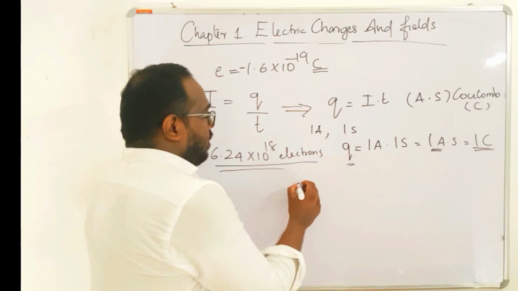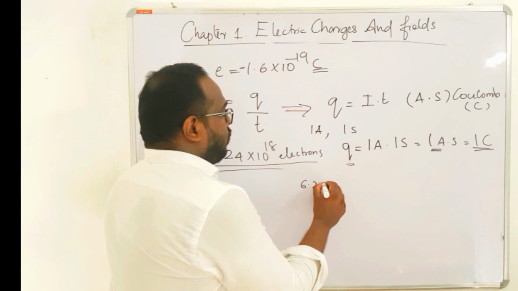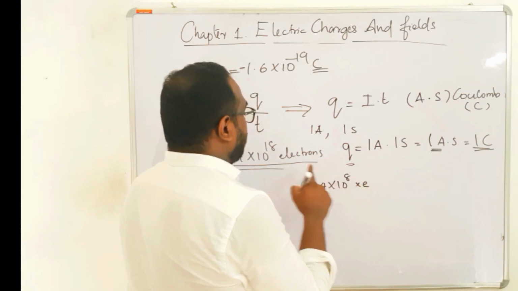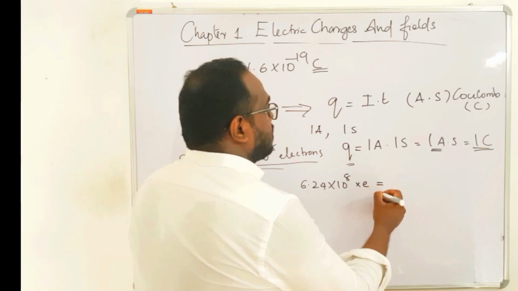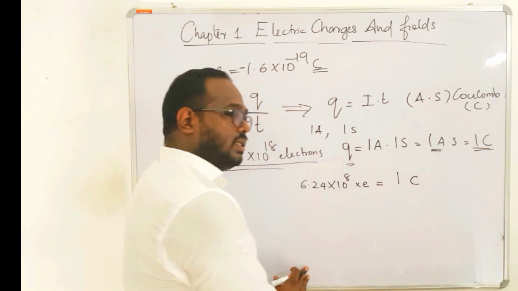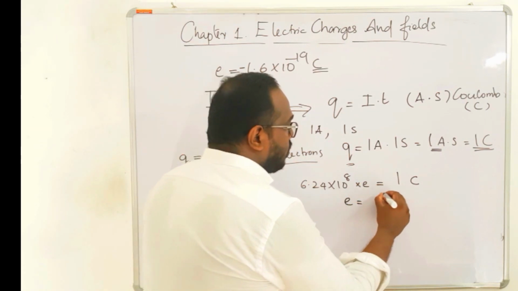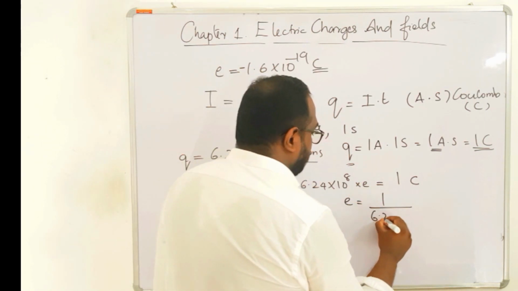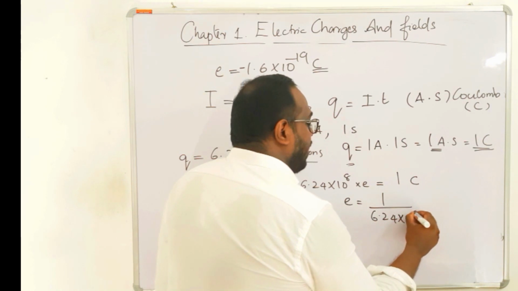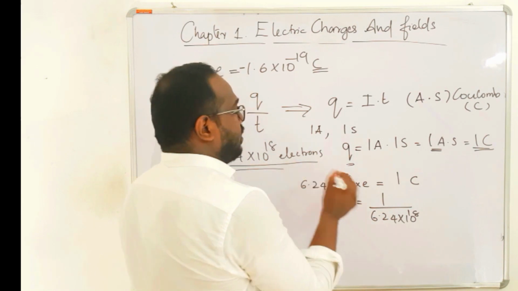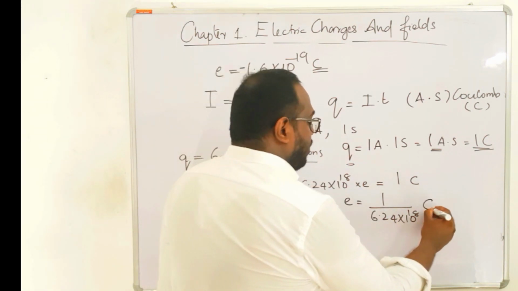Look at this. 6.24 into 10 raised to 18 into e, the charge of 1 electron, equals 1 coulomb, right? From this you can find the charge of 1 electron. e is equal to 1 by 6.24 into 10 raised to 18 coulomb.